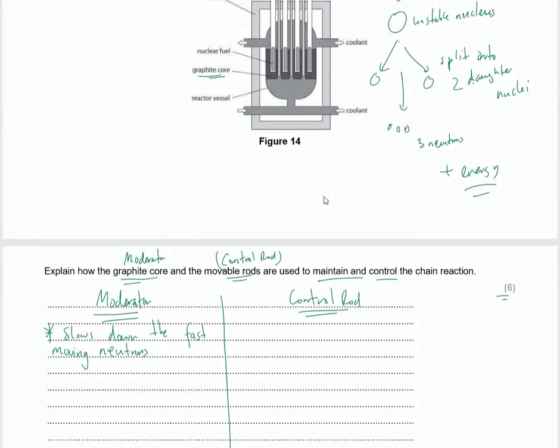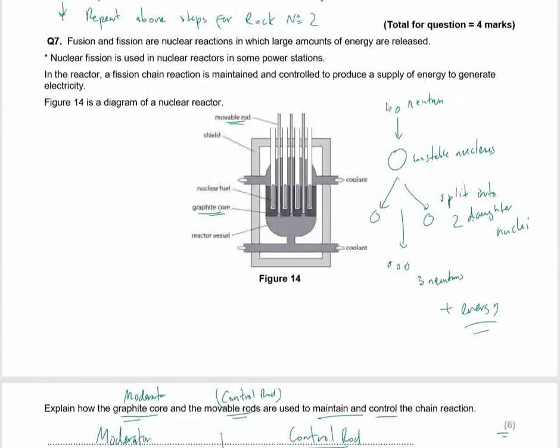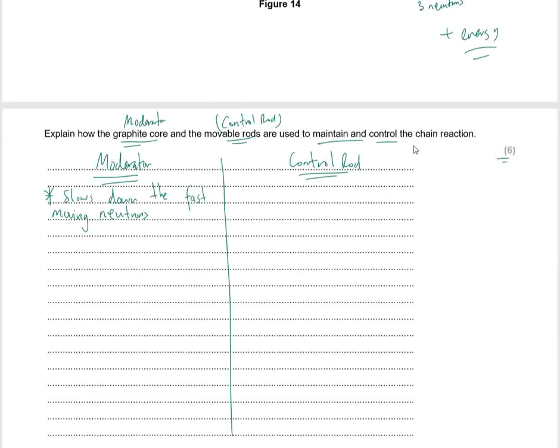Now, here we slow down the neutrons. Why do we need to slow down the neutrons? When the neutrons slow down, they have more chance of hitting the unstable nuclei, and that's what we want. So slow down the fast moving neutrons.